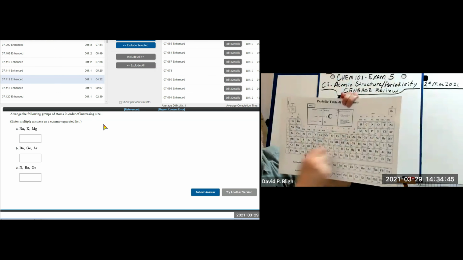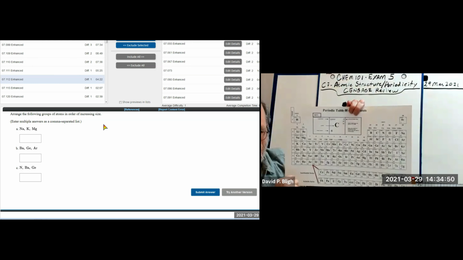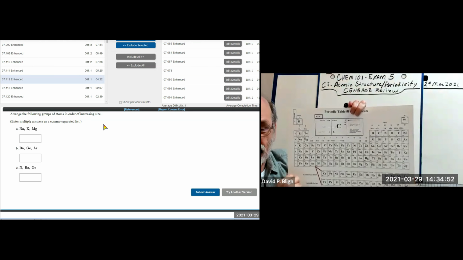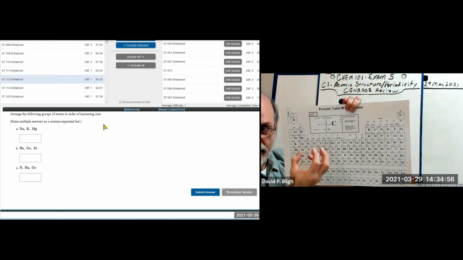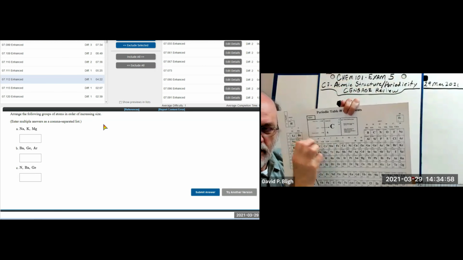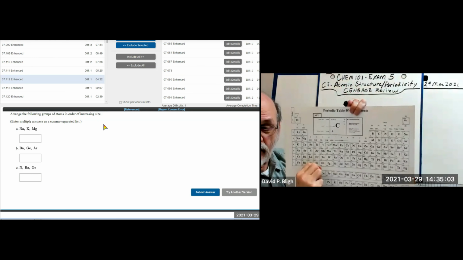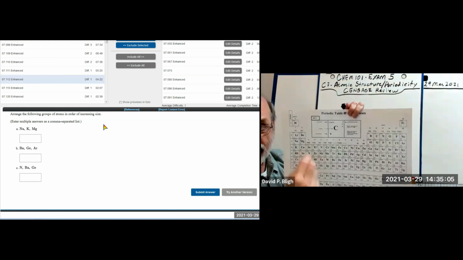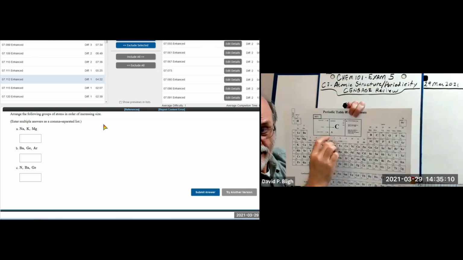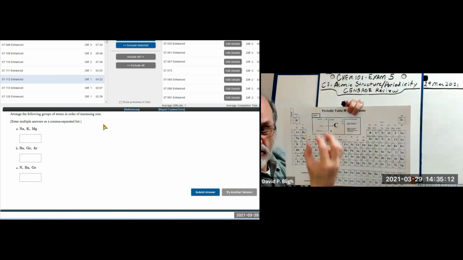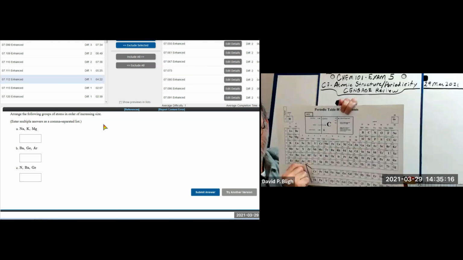Let's see if that makes sense. Okay, if you're going from left to right, what are you doing? You're adding protons, but you're not adding electrons in a shielding position that can protect the outer electrons from the attraction from the nucleus. So that means the nucleus has full effect on the added electrons. So as you add electrons from left to right, you're also adding protons and you're shrinking the atom. So the size gets smaller from left to right.